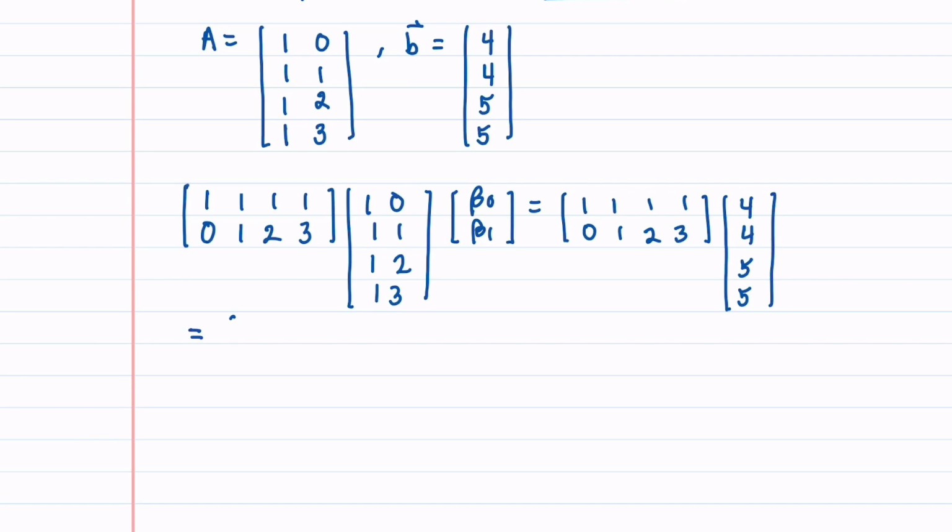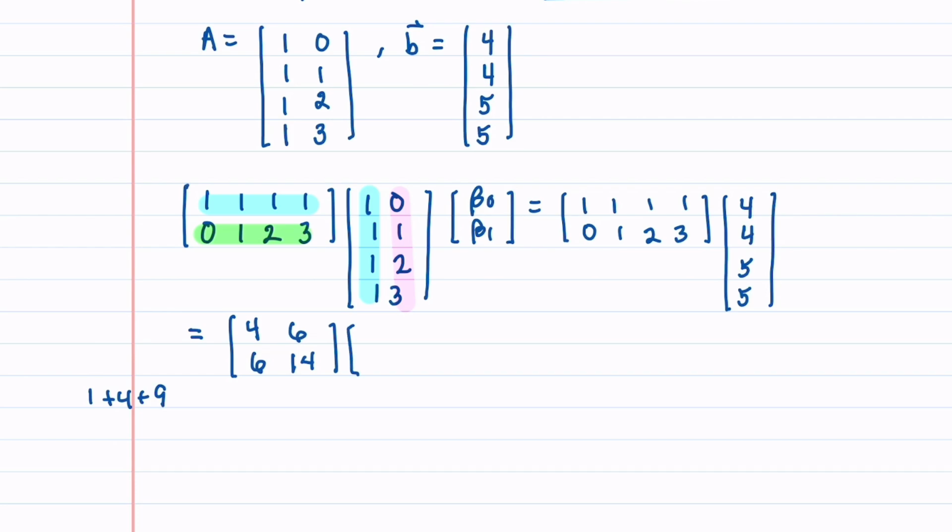Let's go ahead and do this multiplication. We're going to start out by multiplying this row by that column, and that's going to give us a 4. Then we're going to multiply by this column, and that's going to give us 1 plus 2 plus 3, which is a 6. We're then going to multiply this row by our first column, and that's going to give us another 1 plus 2 plus 3, which is 6. And then we're going to multiply the green row times the pink column, and that's going to give us 1 plus 4 plus 9, which is 14.